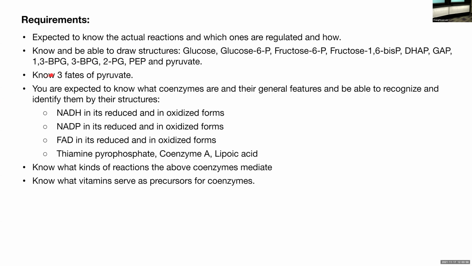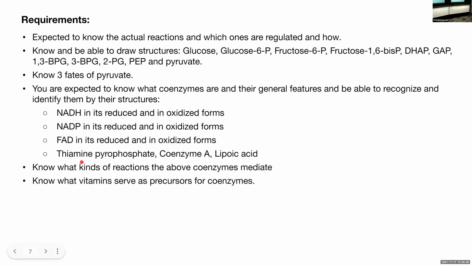And all these are the reactants and products in the glycolysis pathway, and pyruvate too. You have to understand the 3 phases of pyruvate that we just talked about, and also know the coenzymes involved in the glycolysis process. These are basically NAD and FAD, as well as some other coenzymes.